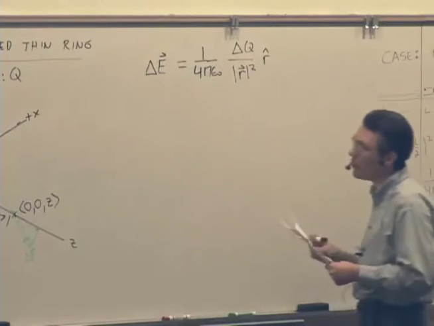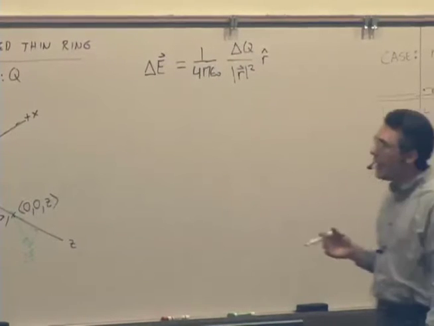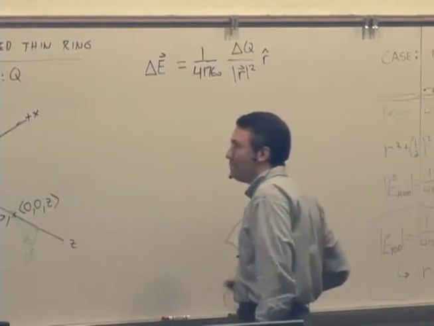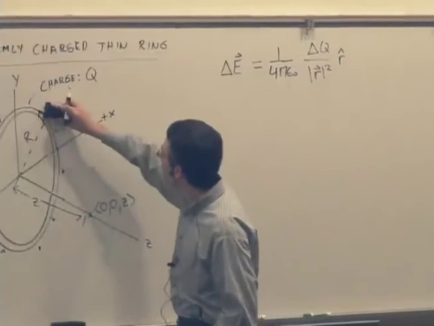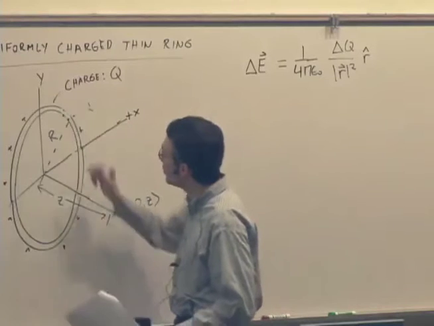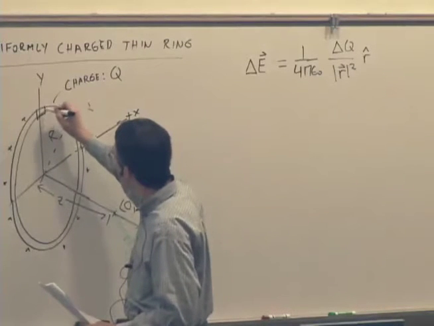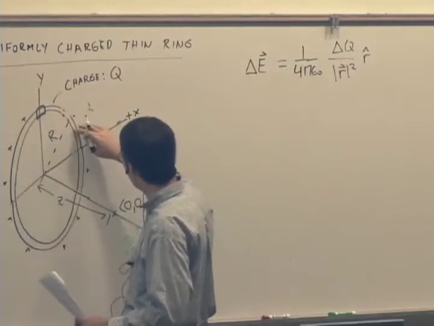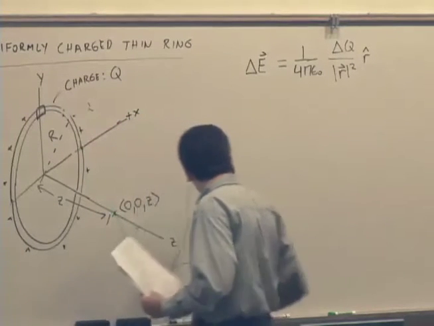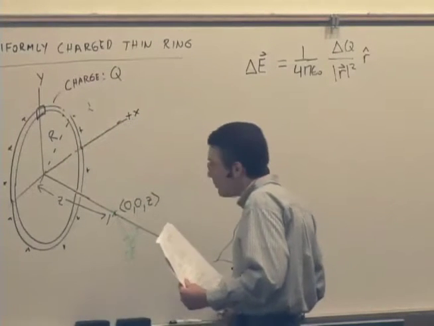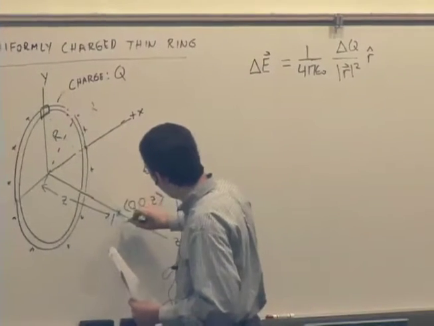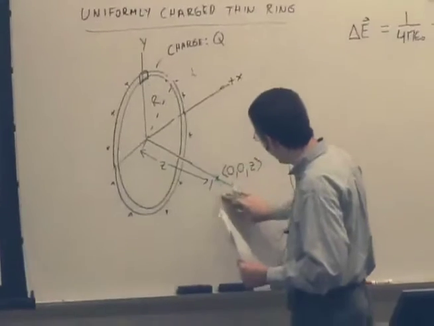So I have to figure out what this r is. Tell you what, let's do it this way. Changing the rules slightly, just to make it a little simpler to see and not have to deal with so much math, I'm going to look just at this piece at the very top. So here's the r vector. It points from the very top down to here, and it's making a delta E in that direction.